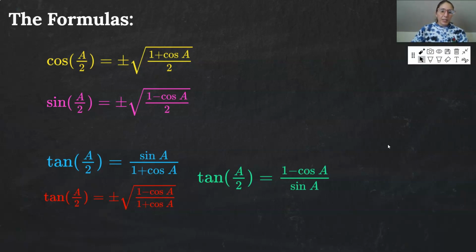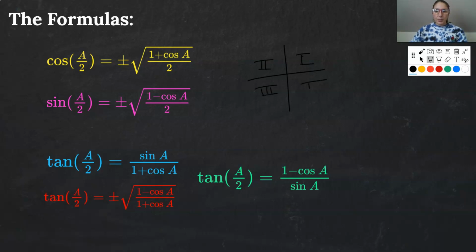And so you'll see these plus minuses here. This is something else I have to mention. You're like, well, how do I know if I use the plus version or the minus version? You think about where your angle terminates, right? Is your angle going to terminate in quadrant 1, 2, 3, or 4?